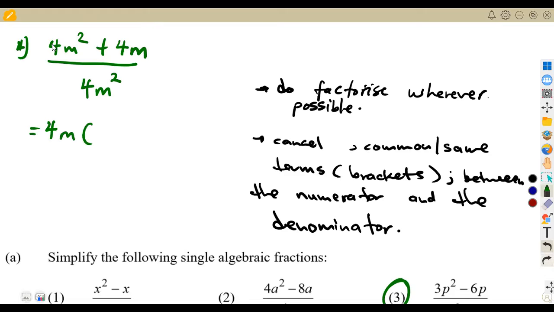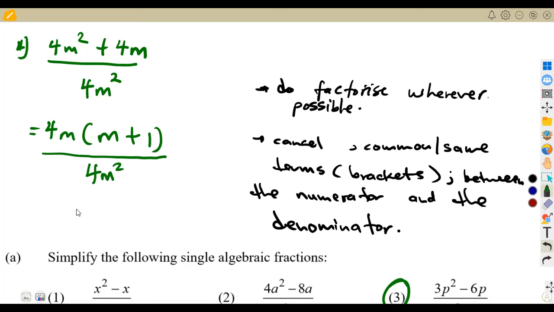Let's divide 4m squared by 4m. This gives us m. 4 and 4 cancel. Plus 4m divided by 4m gives us a 1. All this is over 4m squared.